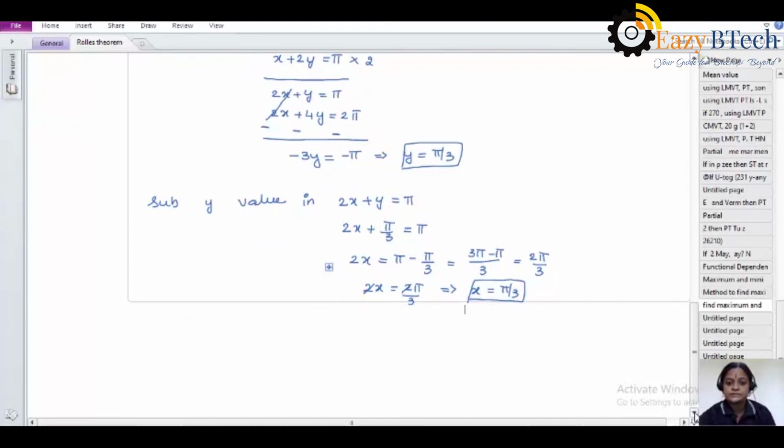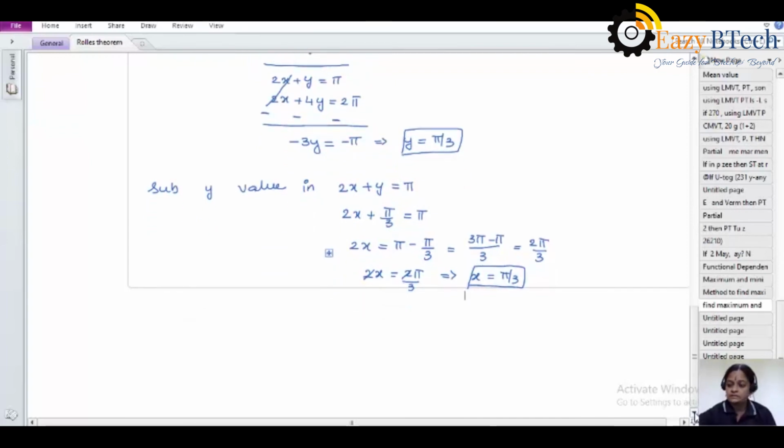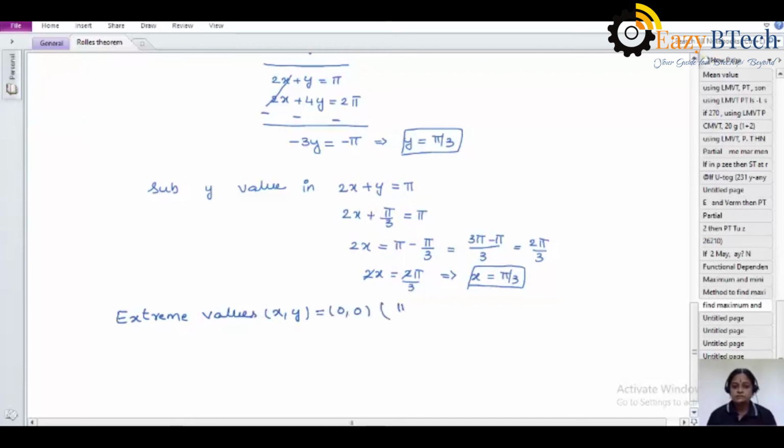Okay, so now coming to the problem. So the values of x and y, the extreme values or maximum and minimum values, x comma y is equal to 0 comma 0 and pi by 3 comma pi by 3.